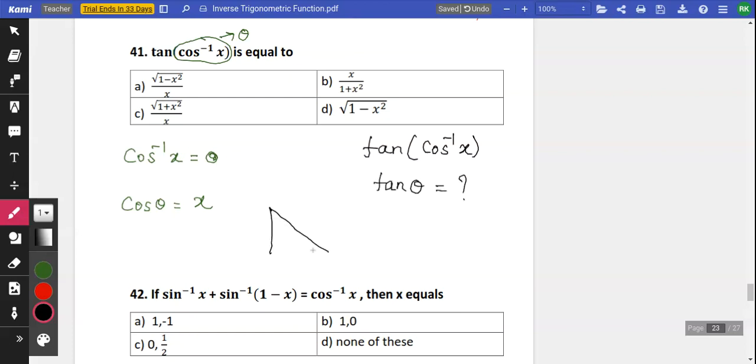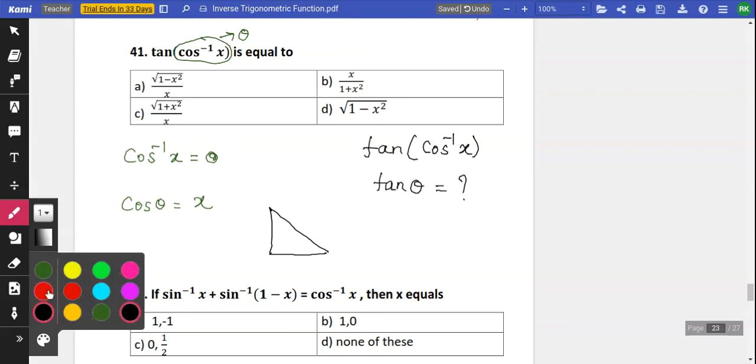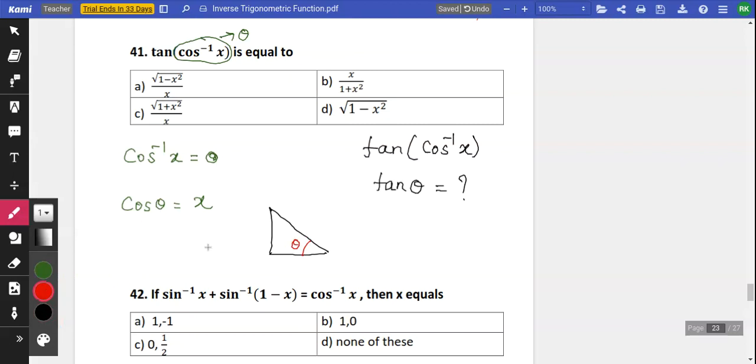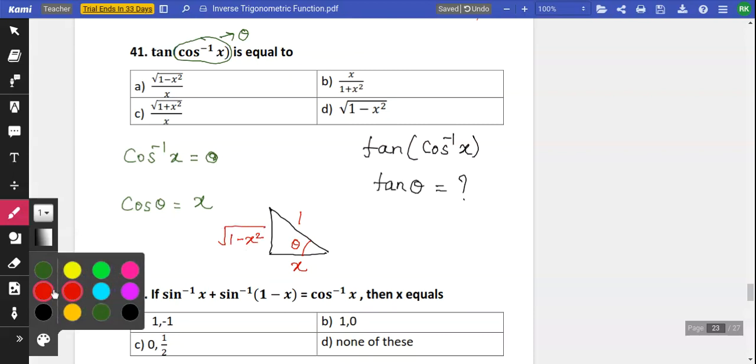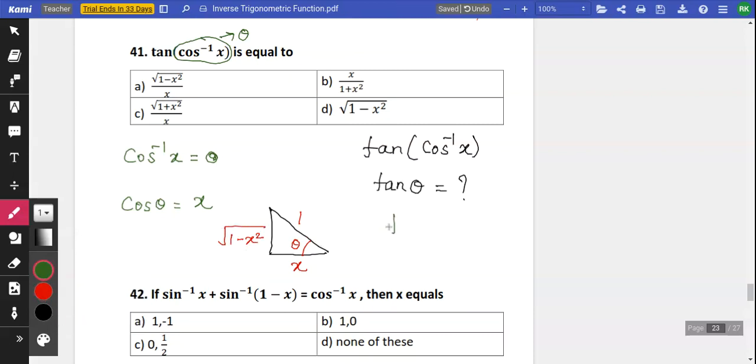Again we draw a right angle triangle. This angle is taken as theta and cos theta is base upon hypotenuse. By using Pythagoras theorem, perpendicular is square root of 1 minus x square. So the value of tan theta is perpendicular upon base. Perpendicular is square root of 1 minus x square upon x. So the correct answer is option A.